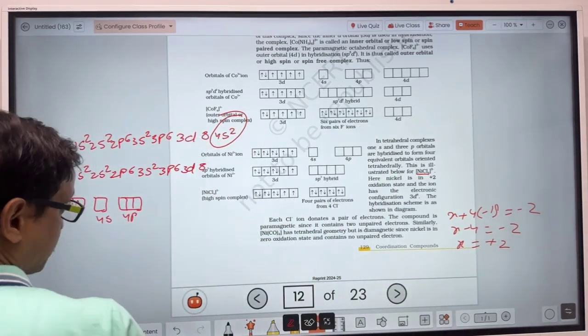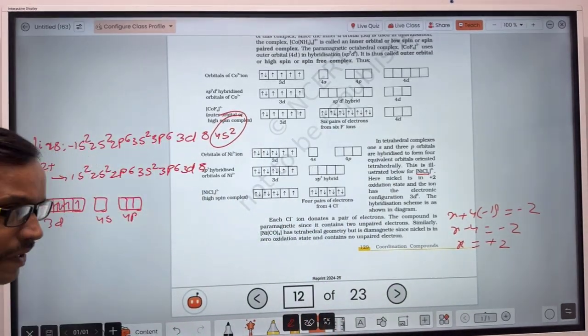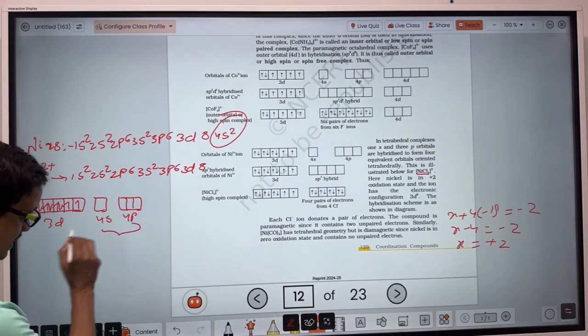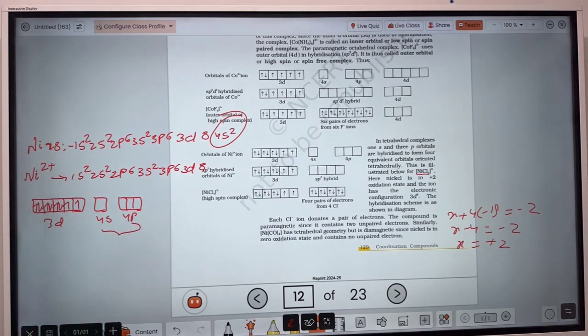So what will happen? It will have to form sigma bond. So what to do? One orbital of 4s and the 3 orbital of 4p will merge together and will form sp3 hybridized orbital.